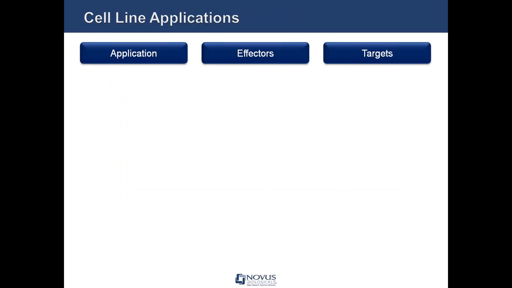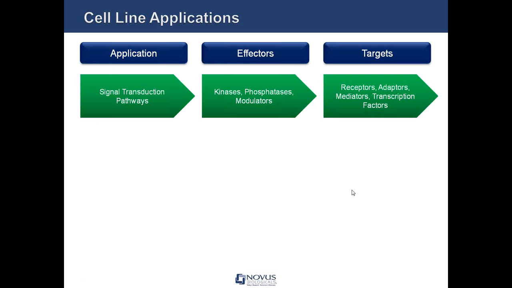If I explain cell line application, I divide into 3 categories: application, targets, and effector. Effector is the molecule you are looking for. Targets are specific targets for that molecule. You can use LUCPorter cell lines for the study of signal transduction pathways.